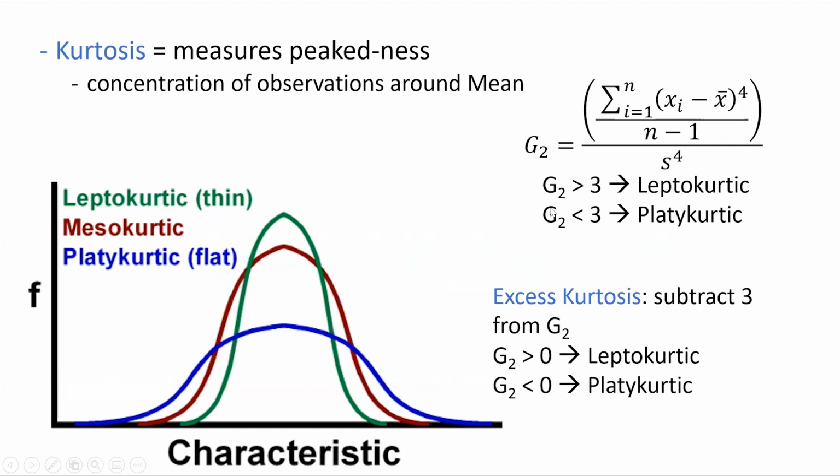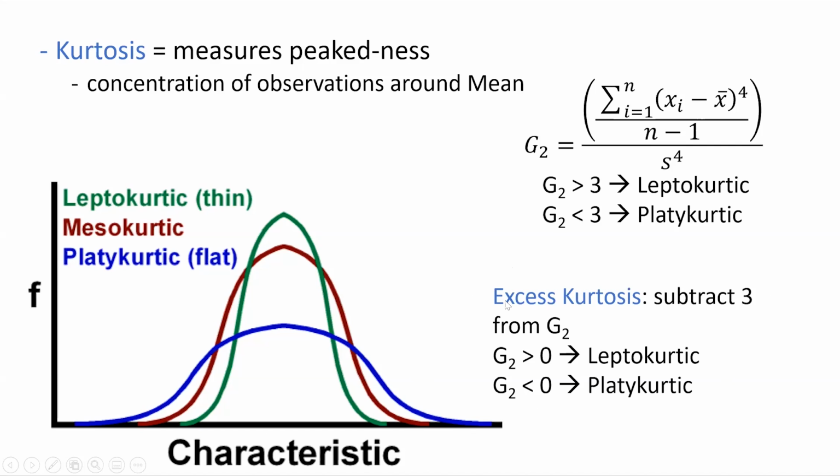If kurtosis is less than 3, it is platykurtic. There's also something called excess kurtosis, which just subtracts 3 from G2. That means if G2 is greater than 0, it's leptokurtic, and if it's less than 0, it's platykurtic. Excess kurtosis is actually more common, from what I've seen, than kurtosis.